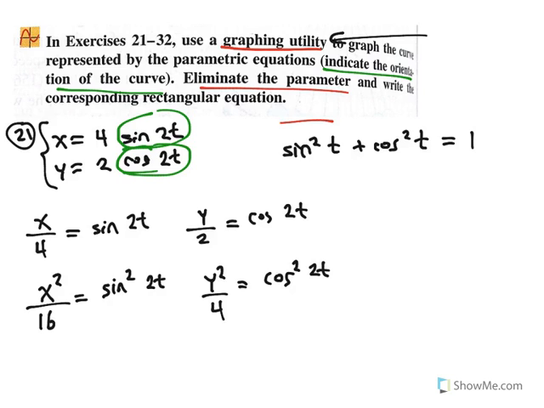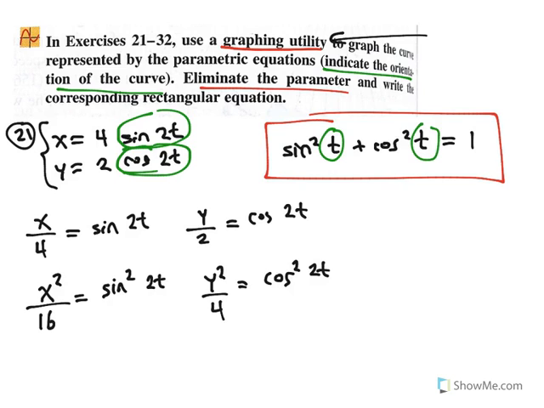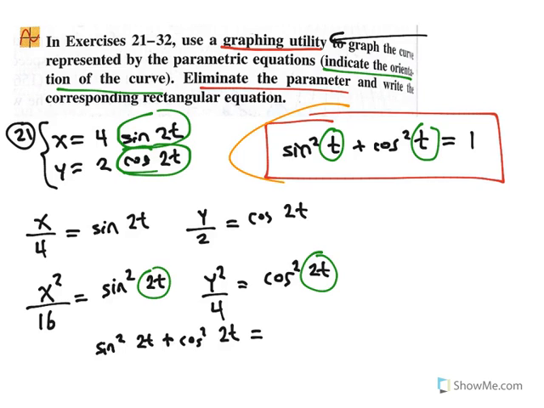And this Pythagorean identity, you can use that as long as you have sine squared and cosine squared and the arguments are the same. You can see that the arguments are both 2t, so we're able to write sine squared 2t plus cosine squared 2t, by this Pythagorean identity, would be equal to 1.